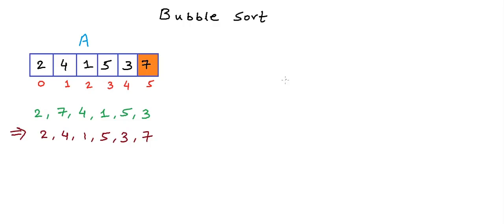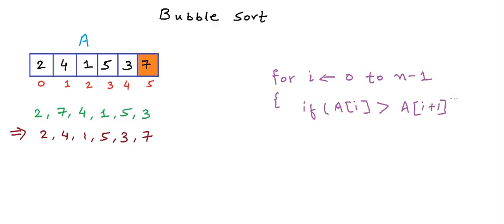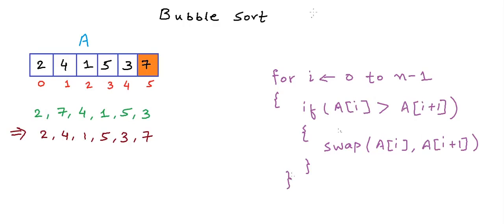If I quickly have to write pseudocode for a pass, it will be running a loop something like this. We will run a loop from 0 to n-1, where n is the number of elements in the array, and if A[i], the element at position i, is greater than the element at position i+1, we will swap the two elements. There is one minor bug here.